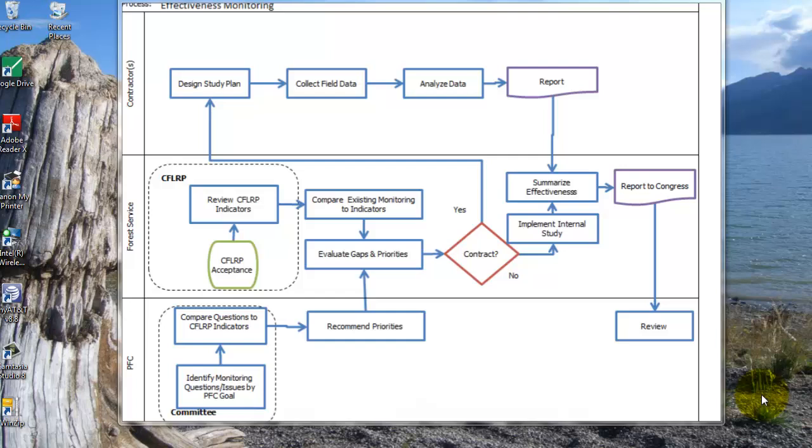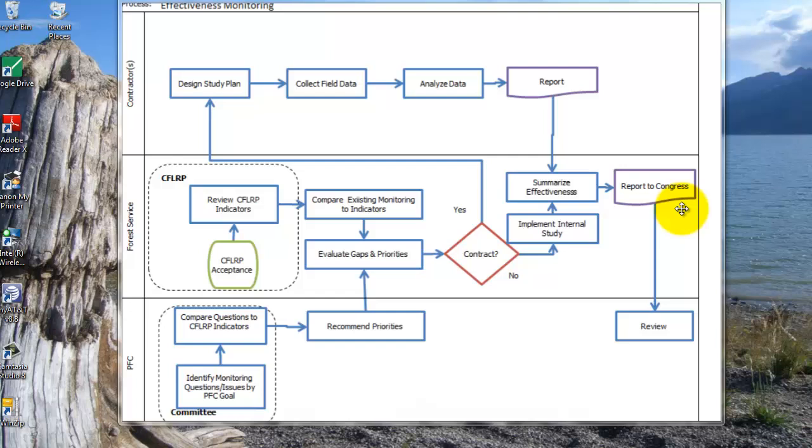But there are some similarities to the previous swim lane diagram. The lanes are the same: Payette Forest Coalition on the bottom, Forest Service in the middle, and contractors on the top. And there is a report, only this time it's not an annual report, and the audience for this report is Congress.